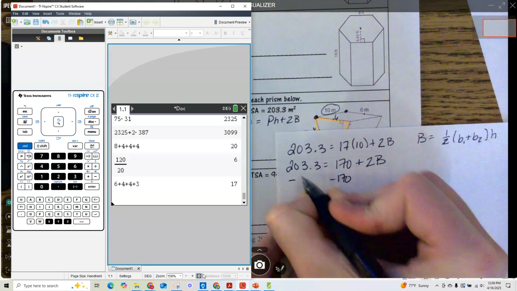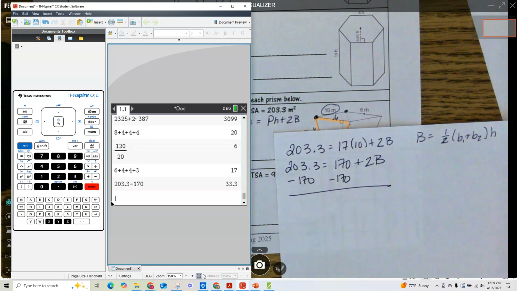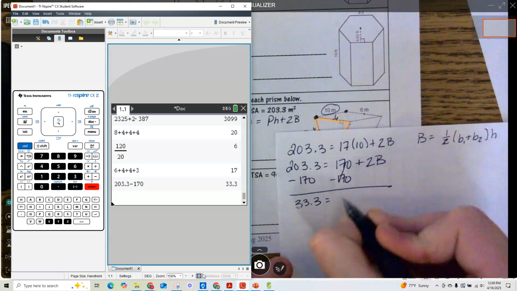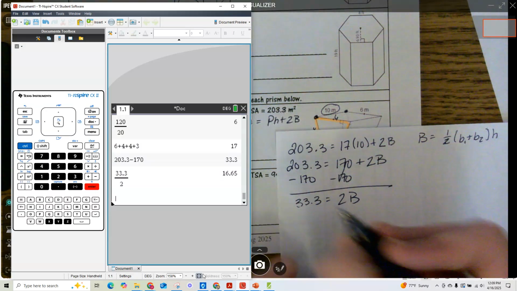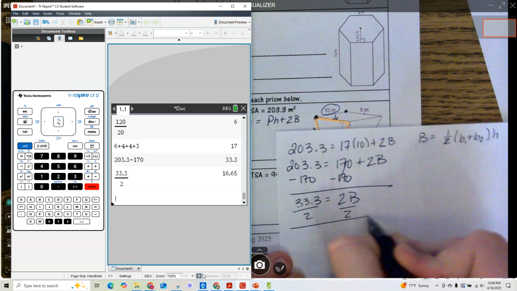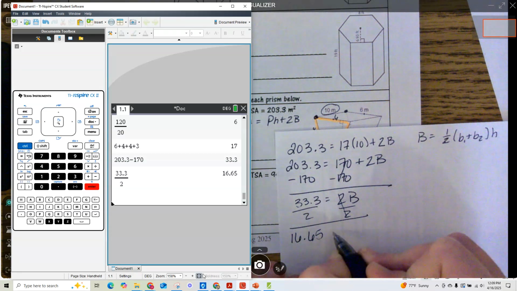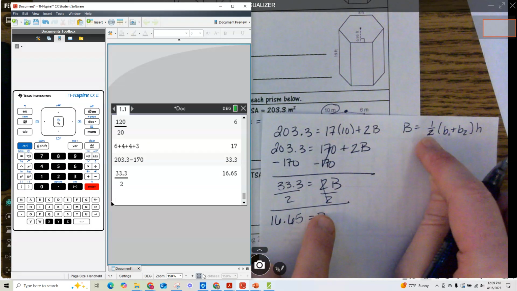Subtract 170 from both sides. 33.3. And then what's the last step? So divide both sides by 2. 16.65 equals big B.